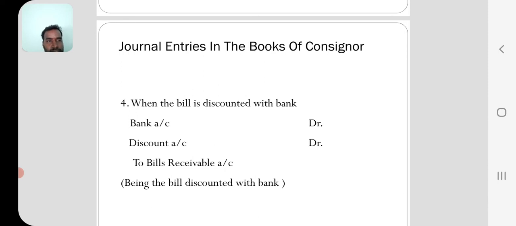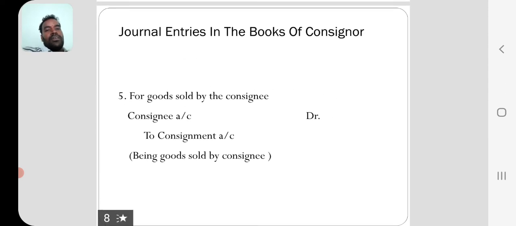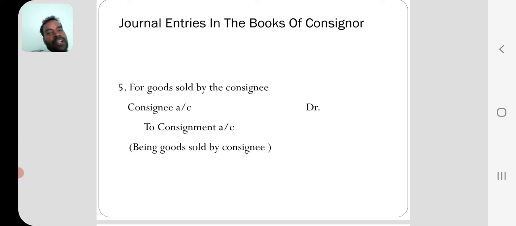Journal entries in the books of the consignor. See here, when the bill is discounted with the bank: Bank account debit, discount account debit to bills receivable account. We understood these journal entries only by preparing the consignment account. For goods sold by the consignee: Consignee account debit to consignment account.